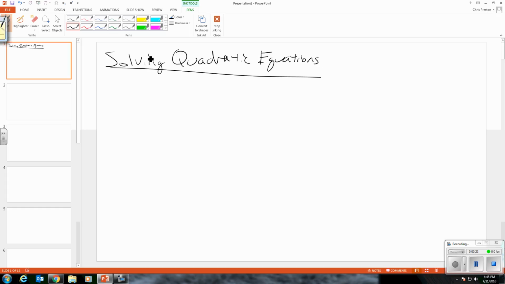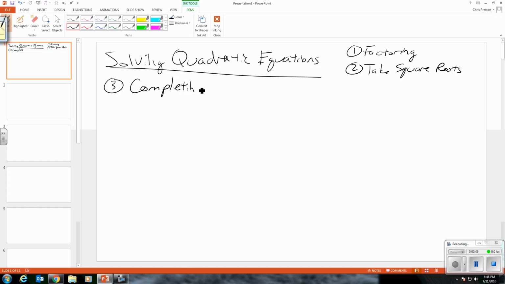Two ways I've already talked about are factoring and the zero product principle, and taking square roots. This next method we call completing the square, and it's tied to taking square roots.